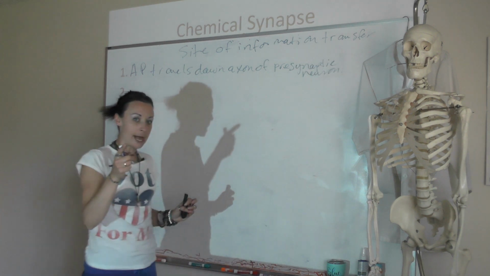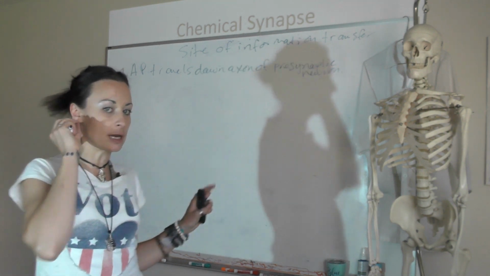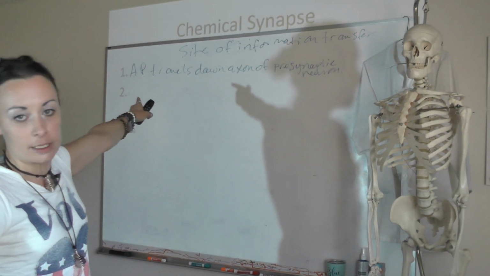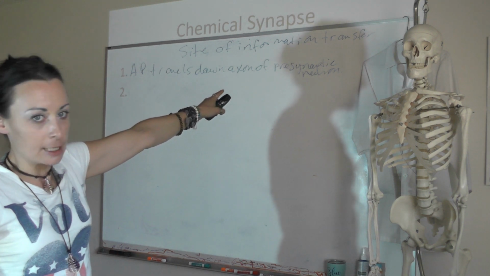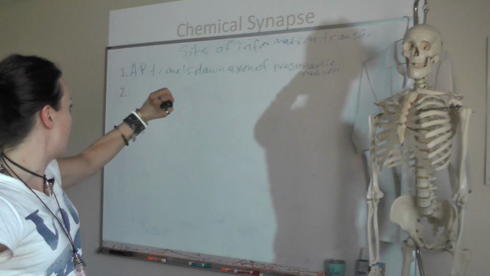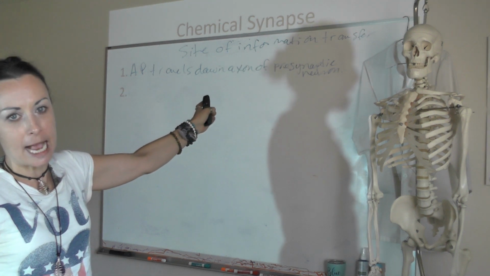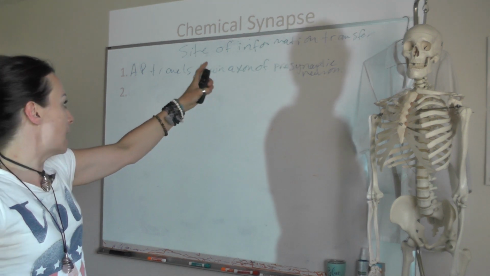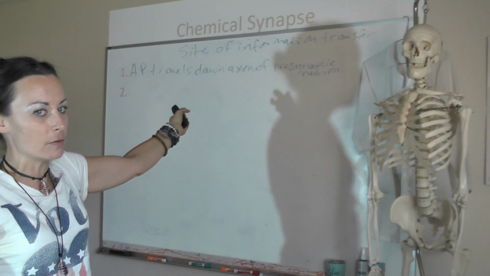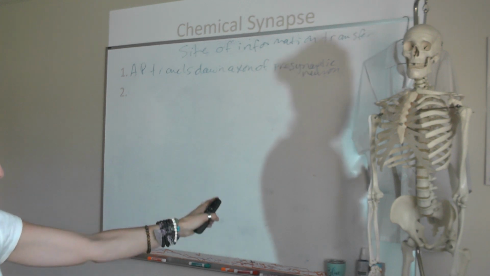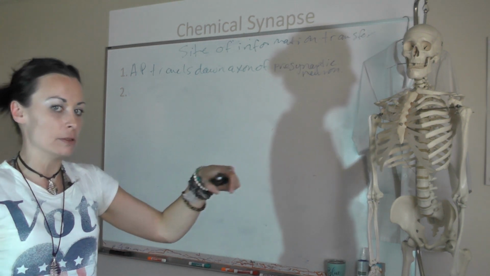We just talked about action potentials, so you should have a little bit of an idea about what that means. It means that we had this wave of voltage-gated sodium channels opening and allowing this really massive influx of sodium into the cell, followed by this wave of voltage-gated potassium channels opening, allowing for an efflux of potassium out of the cell, causing this depolarization and this repolarization and this hyperpolarization down the cell.